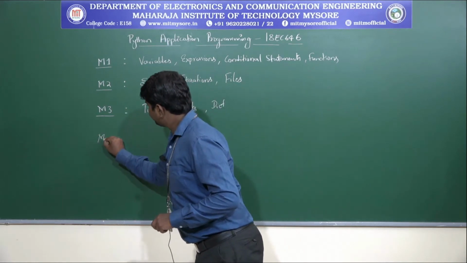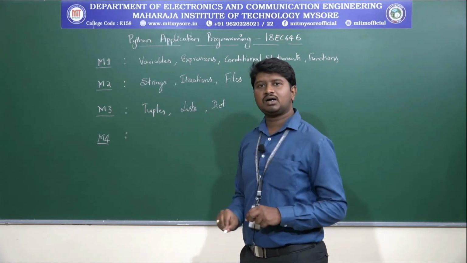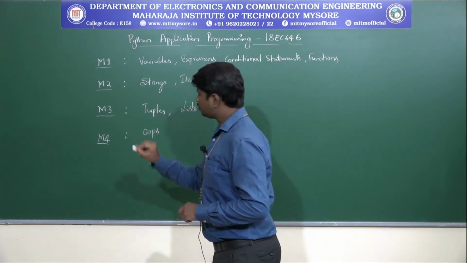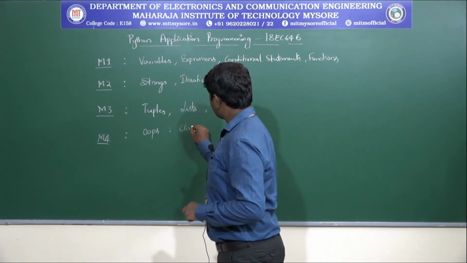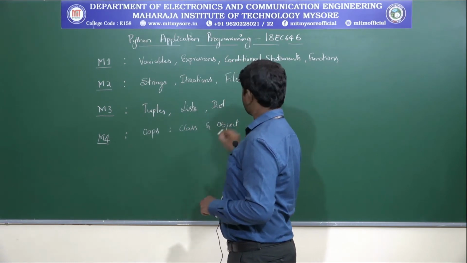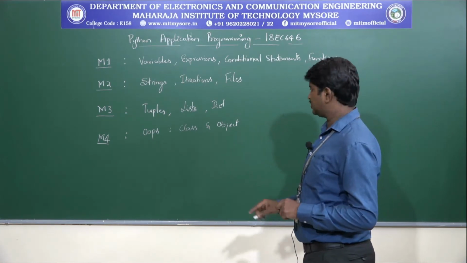Module 4 is a very important module, where we are given the OOPS concept, object oriented programming. There we are going to learn what a class is and what an object is, how we are going to characterize the classes and how we are going to have objects.